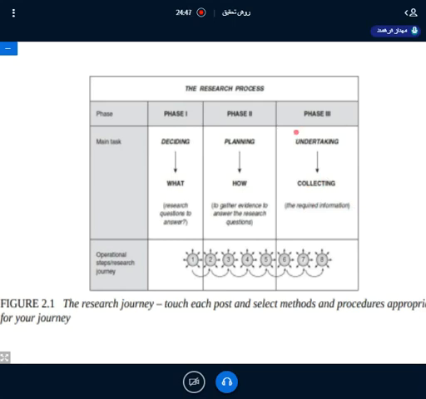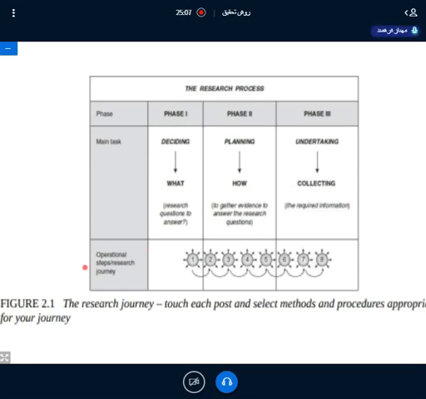And phase 3, undertaking, that means the collection of the required information. So in the final steps, we must collect the data for our research.